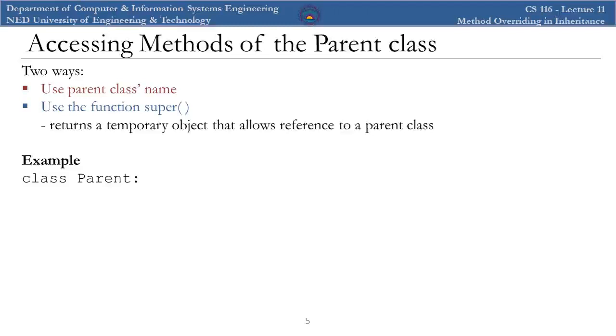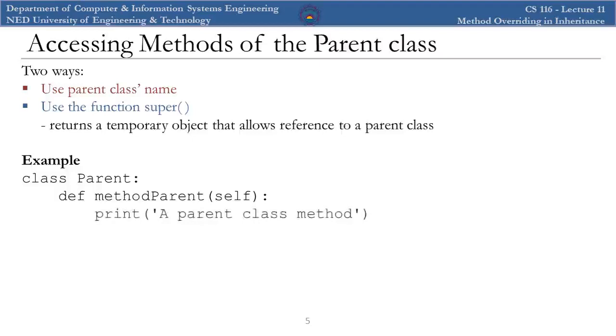I'm defining a class called Parent, and I'll take it as the parent class later. I'm defining a method here called method_parent, and this method only prints this statement, a parent class method, right? Now let me define another class called Child, and this class is inheriting from this Parent class.